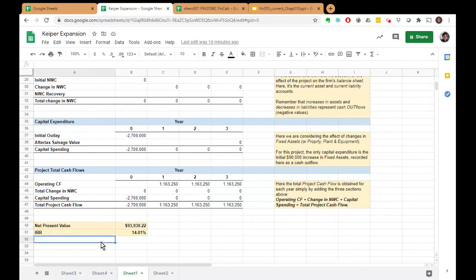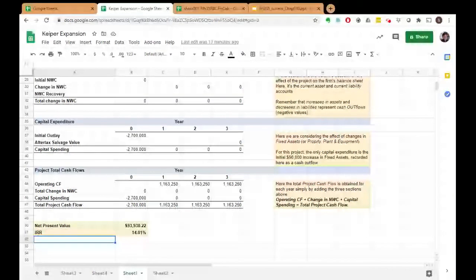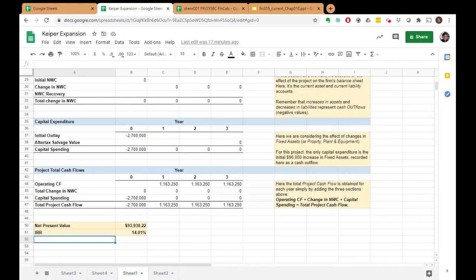I expect another video with some additional details, some more things to think about in terms of estimating cash flows. There's quite a bit in Chapter 10, so do read the chapter overview. Do go through the Learn Smart exercise on Connect to develop a little bit of understanding of what's going on here. And again, expect another video with some more details about this.